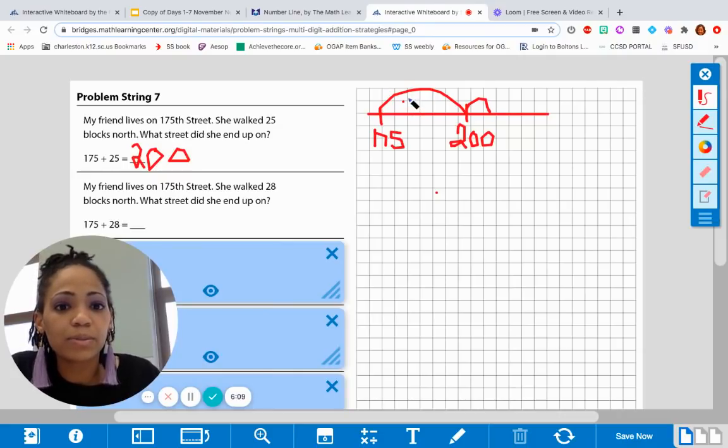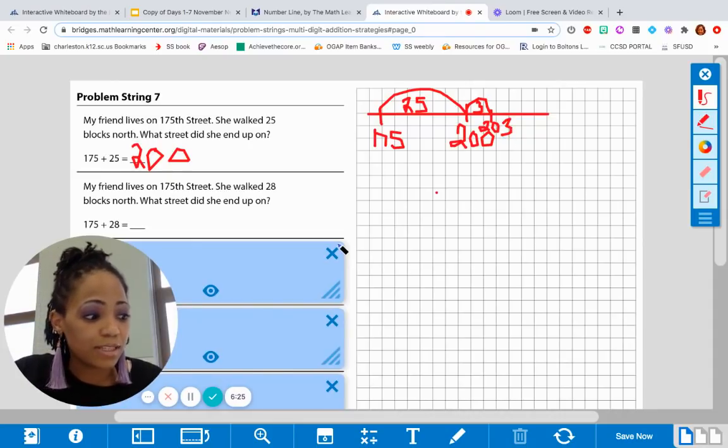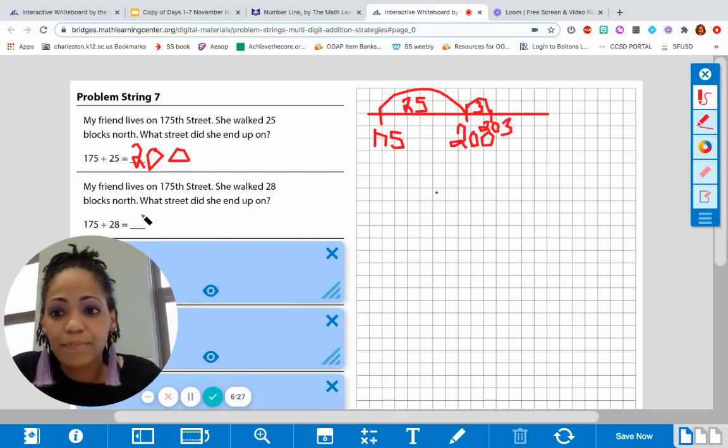So here was my 25. And if I add 3 more, that gives me 28. And where do I actually land? 203. So 175 plus 28 is 203.